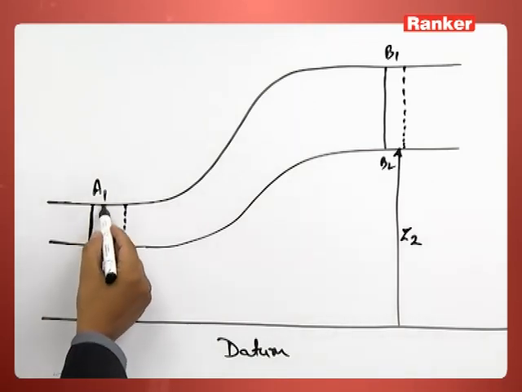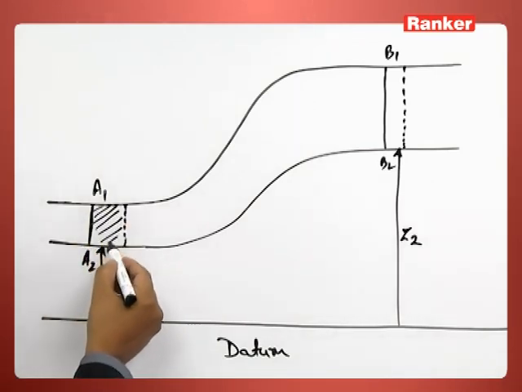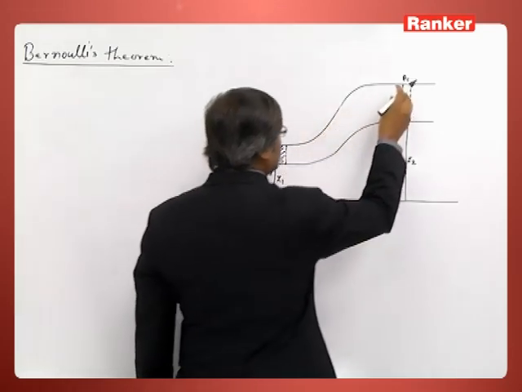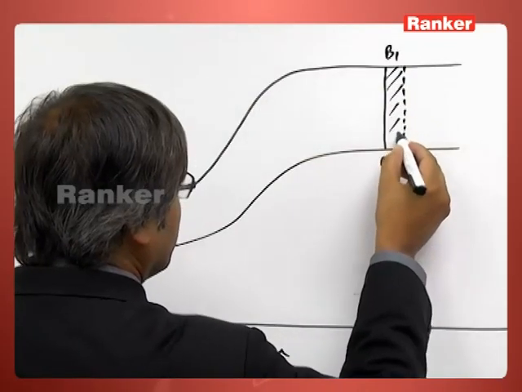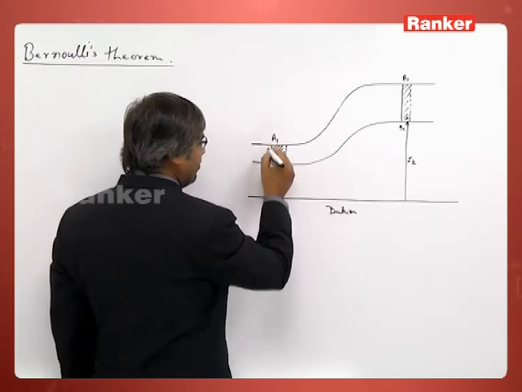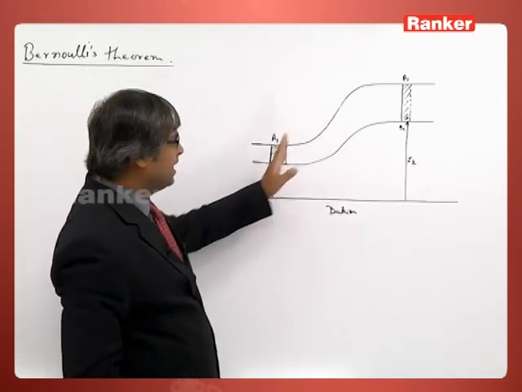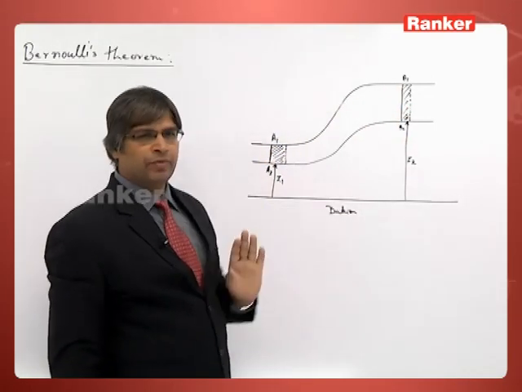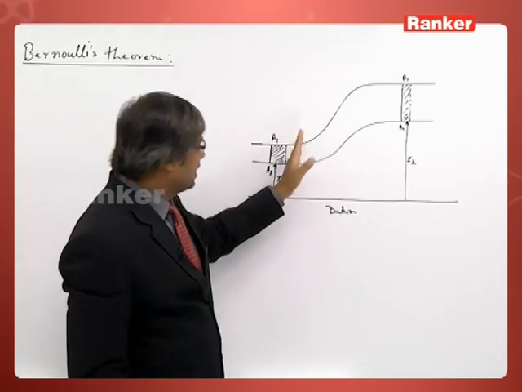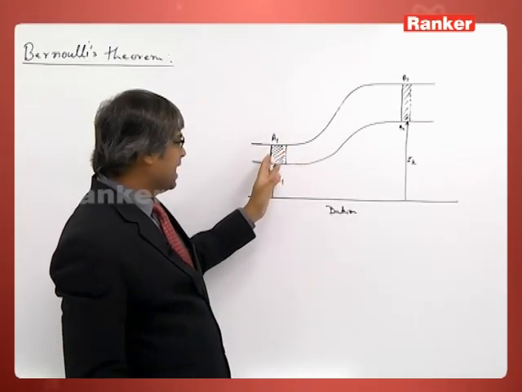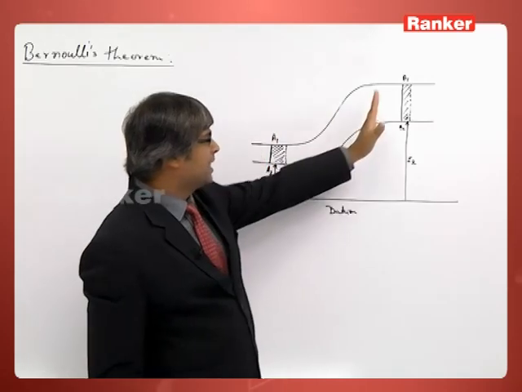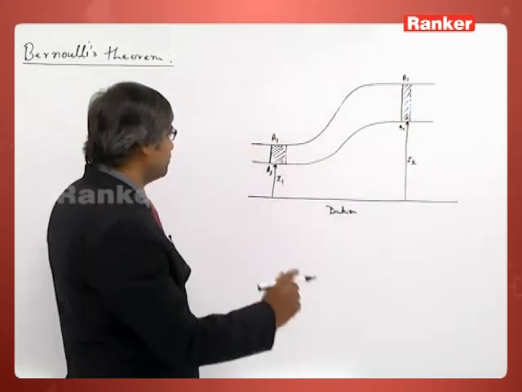So this is at one time this liquid, and the same liquid is transported to this position. So this line A1, A2 is the position initially, and suppose I say it is B1, B2. So after dt time, this has moved to this position and this has moved to this position.